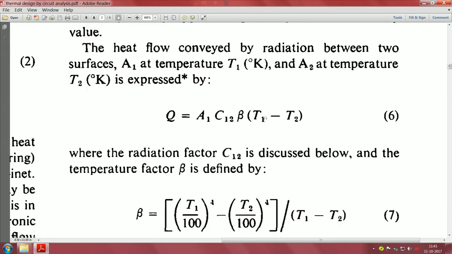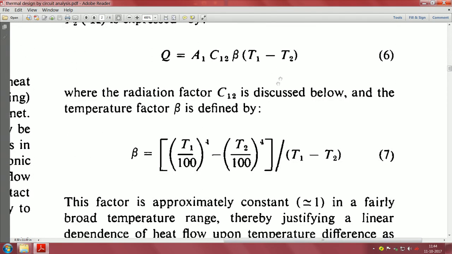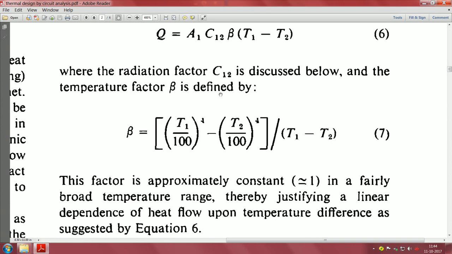But in reality, it does not make any difference between two surfaces, A1 at T1 and A2 at T2. We have this beautiful thing in which we again end up with a temperature factor.